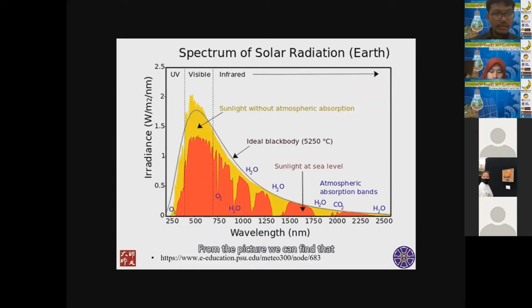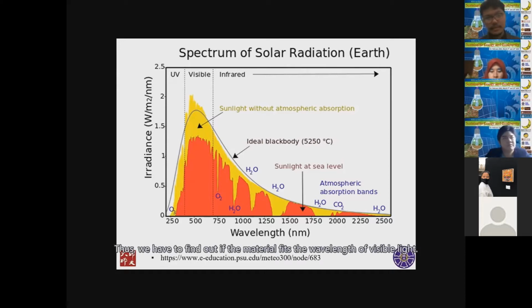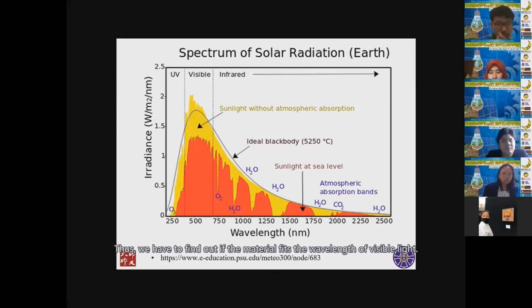From the picture, we can find that the largest amount of wavelengths is about 400 to 700 nanometers, the visible light. Thus, we have to find out if the material fits the wavelengths of visible light.